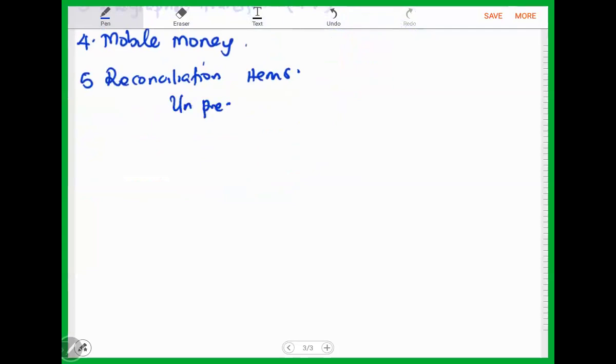Unpresented checks. What are unpresented checks?